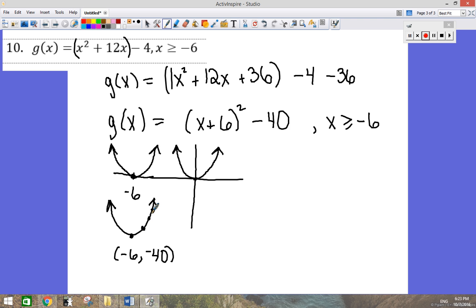These points all have x coordinates that satisfy this inequality of x greater than or equal to negative 6. So this other portion is not on my graph. I'm not allowed to have any points that have x smaller than negative 6, no points to the left of negative 6. So now when I apply my horizontal line test, hey, it passes.